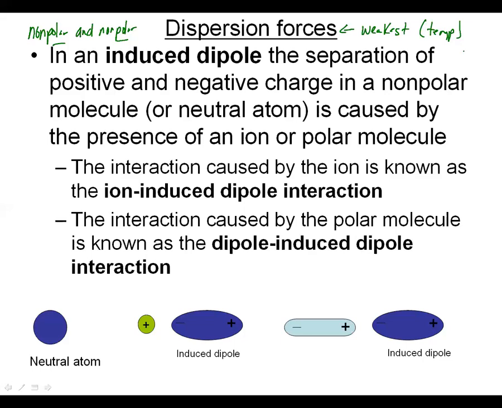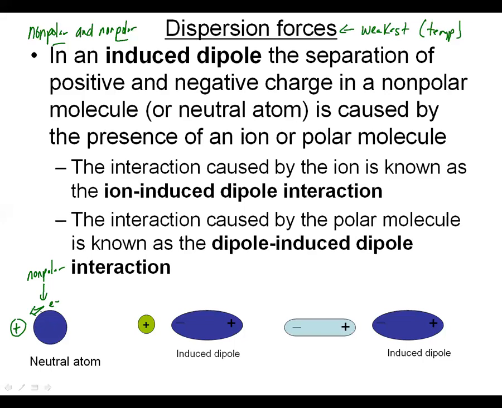So one way is you could get an ion-induced dipole interaction. In an ion-induced dipole interaction, like what we see over here, in our nonpolar molecule, if we put a positive ion next to it, temporarily the electrons in this molecule will all head to the left-hand side, right?